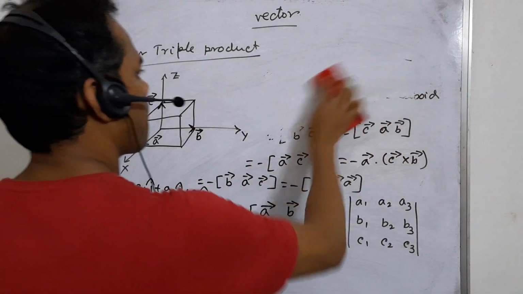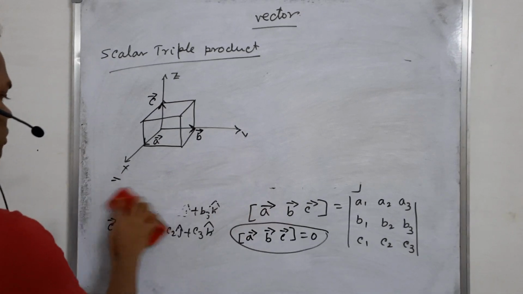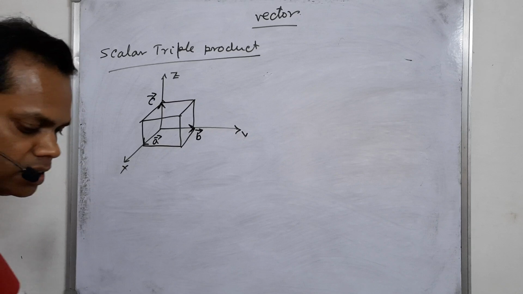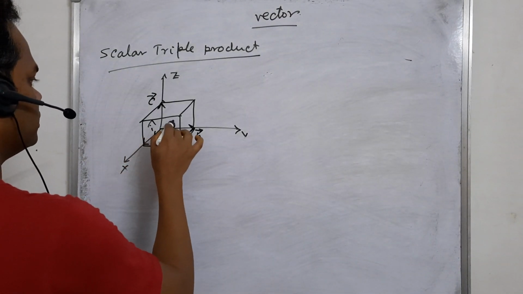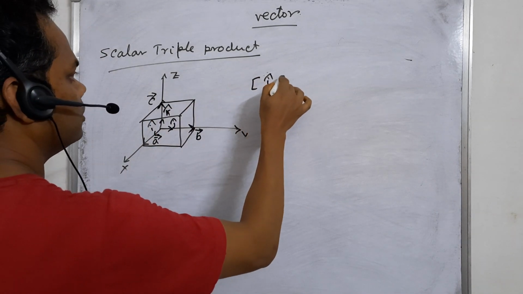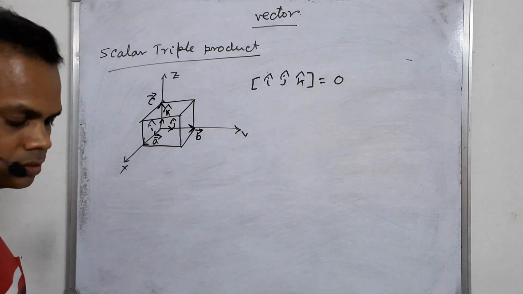If the three vectors are represented by the three unit vectors i cap, j cap, and k cap, then box i, j, k is equal to 1.